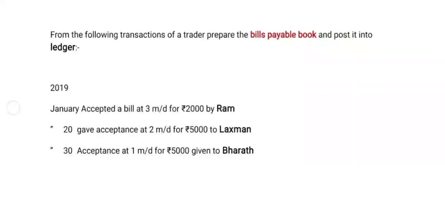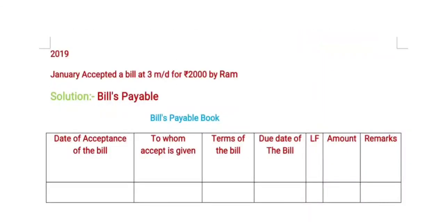Now coming to transaction 1, it is January 5th, accepted a bill at 3 months for 2,000 by Ram. Then we are going to prepare the bills payable book. Transaction 1 is related to bills payable.